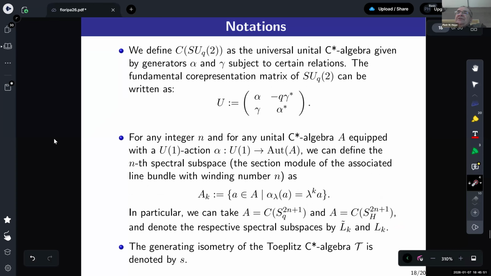And finally, I'm a little bit confused by this lambda, Piotr. So probably it should be the alpha of lambda. I mean, it should be more or less clear because lambda is in U(1). Yes, but you are taking what? Alpha of lambda times a? It's like a standard notation.